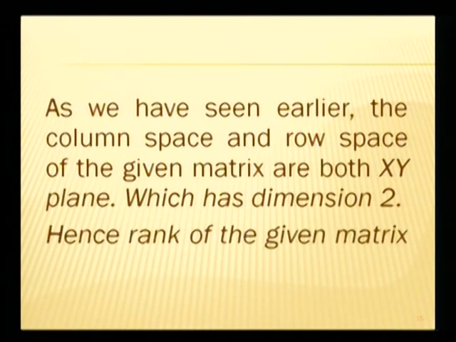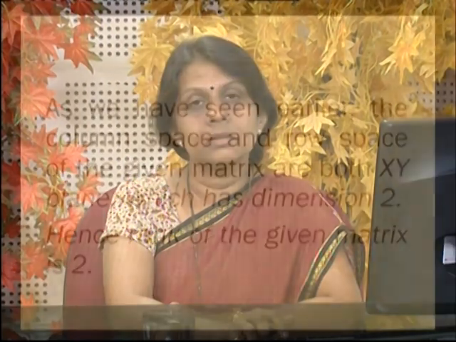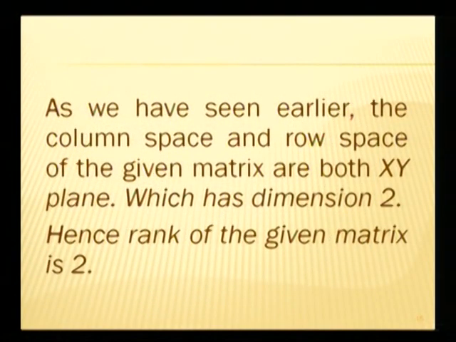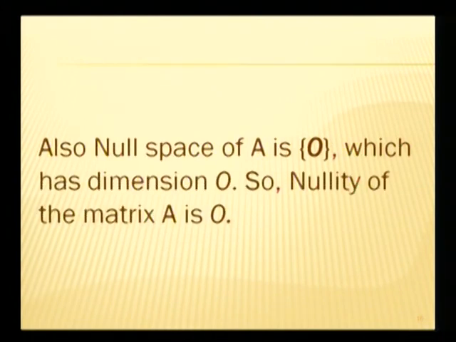And so by definition of rank we can say that the rank of the given matrix is also 2. Now what is nullity of the matrix? Already we have seen that the null space of the given matrix is the singleton 0 vector which has dimension 0, and therefore nullity of the matrix is 0.